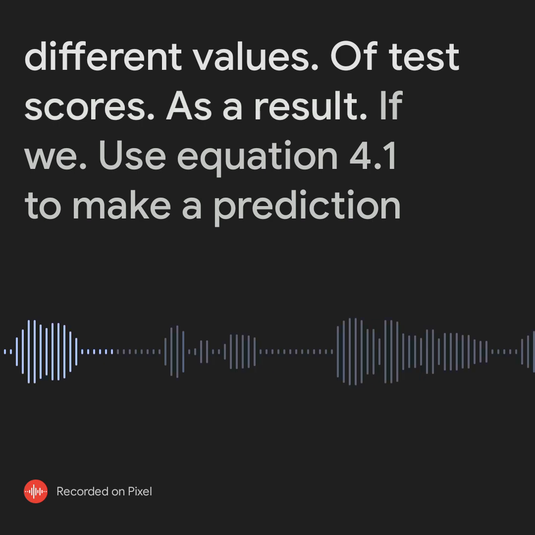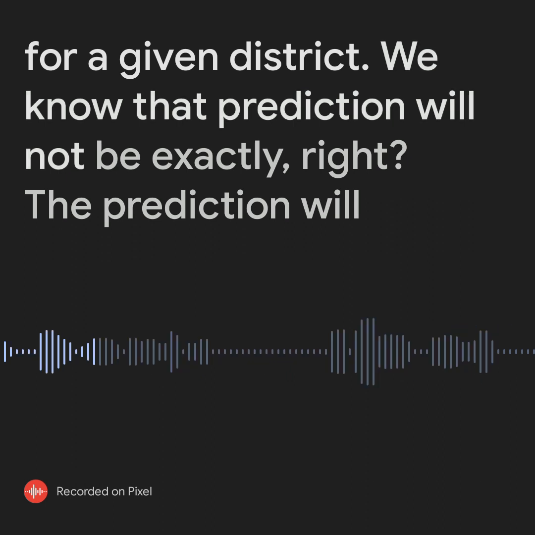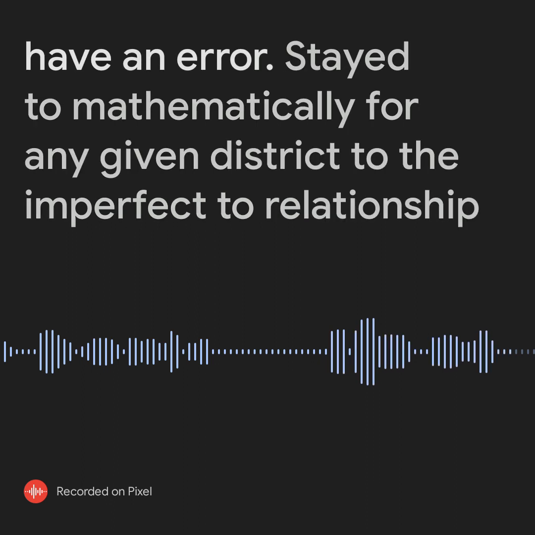As a result, if we use equation 4.1 to make a prediction for a given district, we know that prediction will not be exactly right. The prediction will have an error.